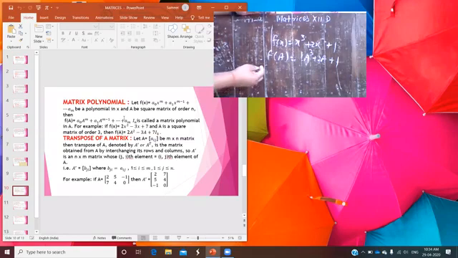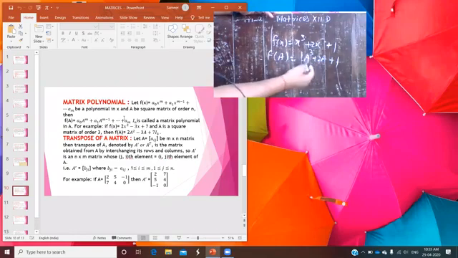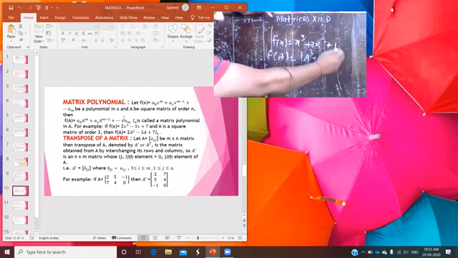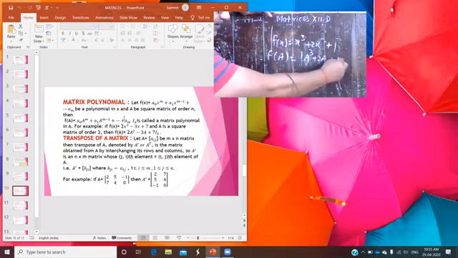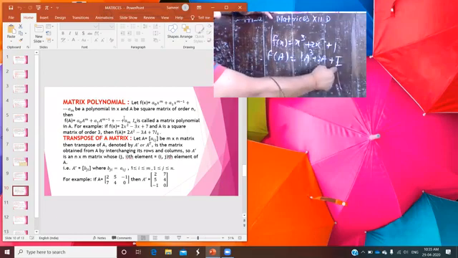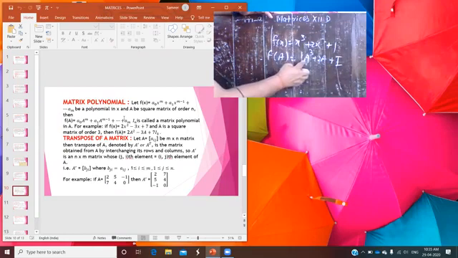So you find the value of A^3, the value of 2A, and then 1. What does 1 mean here? Identity matrix. So in place of 1 you write I, and this I is of the same order as the matrix A given.